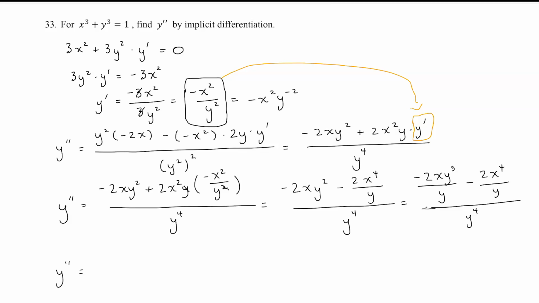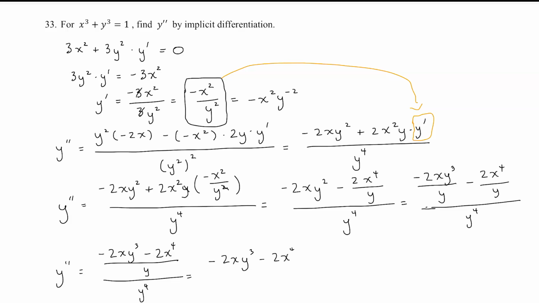Now I've got a common denominator in the terms in the numerator, so I can rewrite that as negative 2xy cubed minus 2x to the fourth all over y, all divided by y to the fourth. And what that means is that I can look at this a couple different ways. Dividing by y to the fourth is the same as multiplying by 1 over y to the fourth.